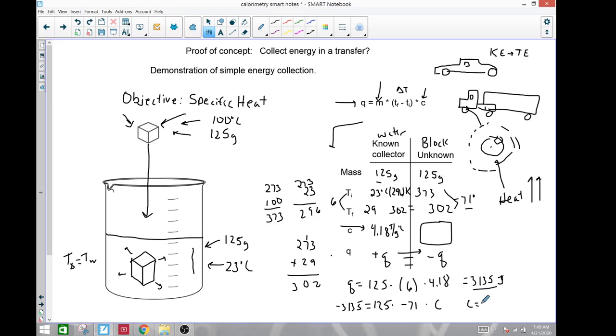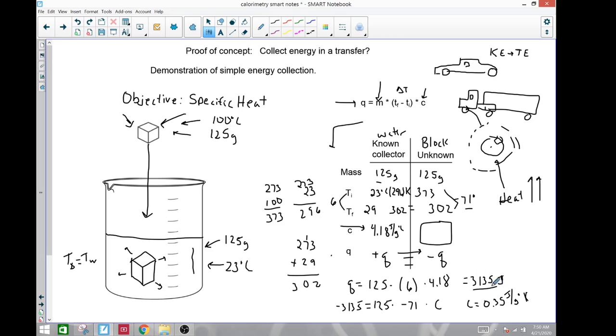All right, so just divide out. Divided by 125, divided by the temperature change. I get 0.35, and that's joules per gram degree Celsius.